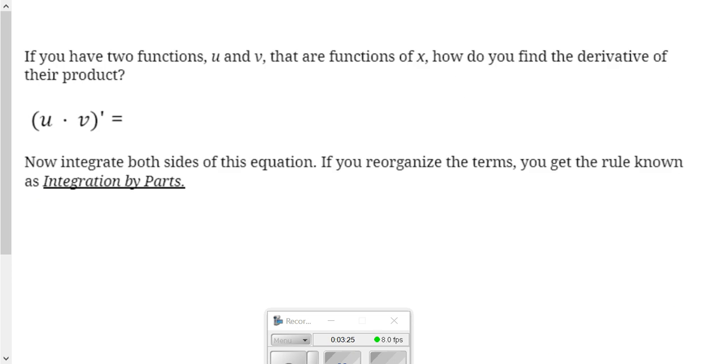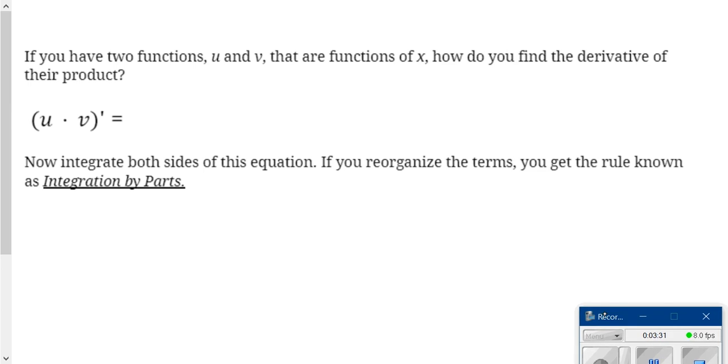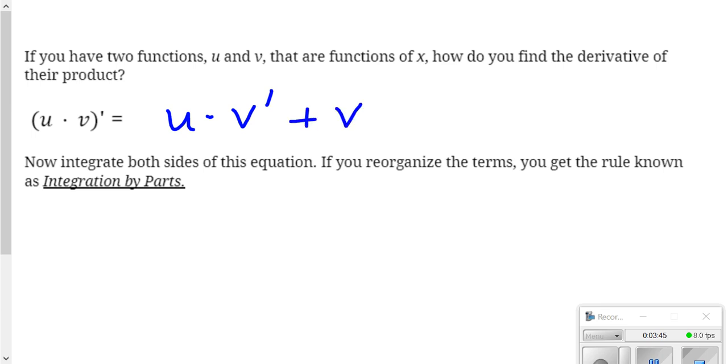Now, integration by parts is actually the technique that allows us to undo the product rule in derivatives, okay? So when we take a derivative, by product rule, we have the first term times the derivative of the second. I'll write that with a little prime sign, plus the second times the derivative of the first.